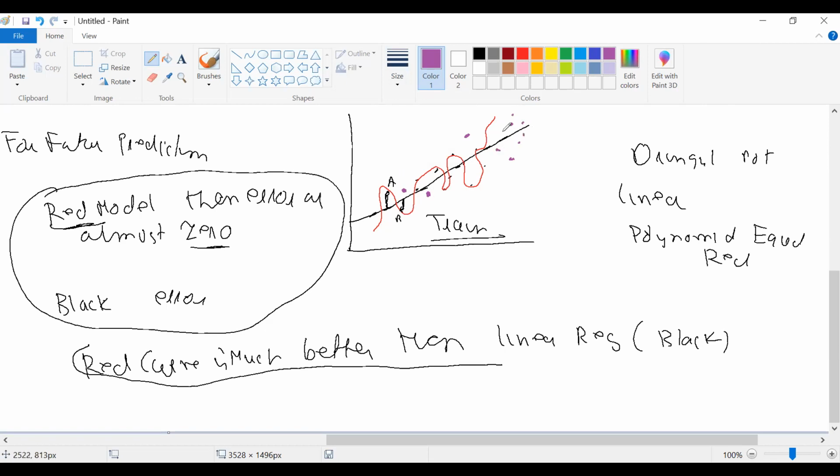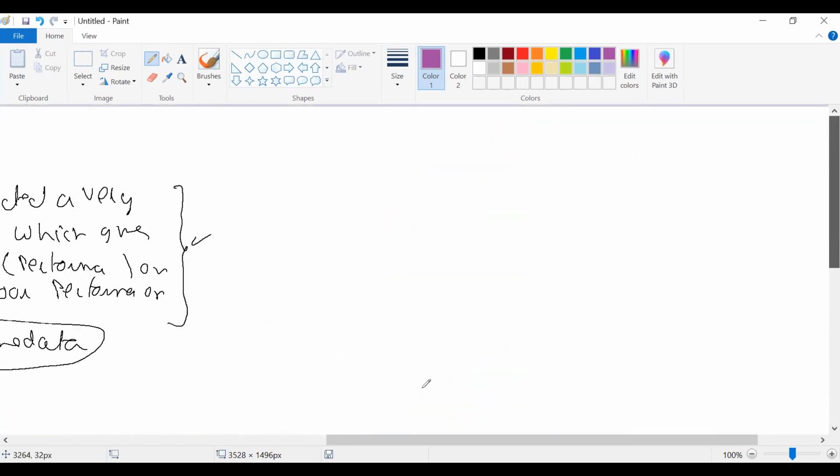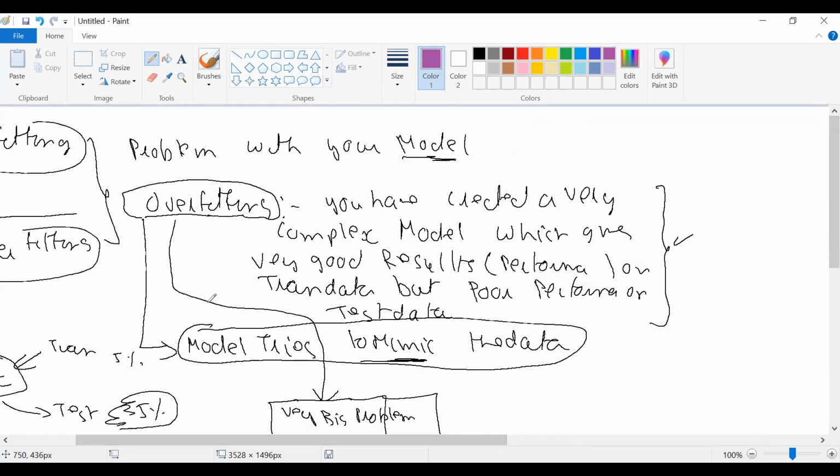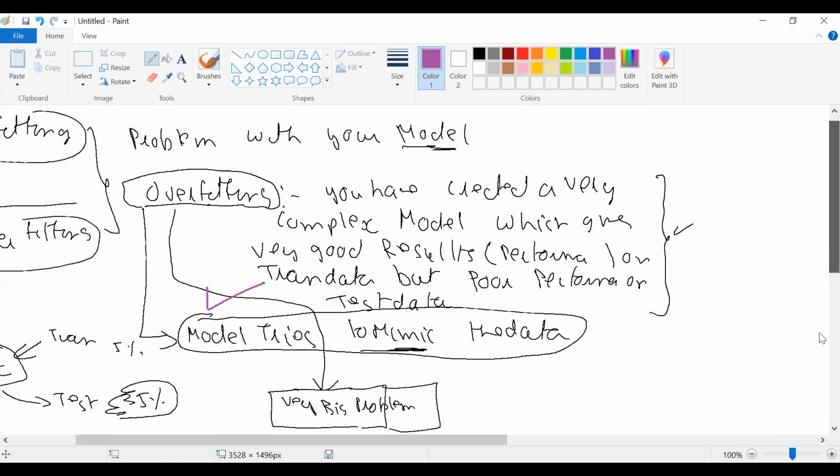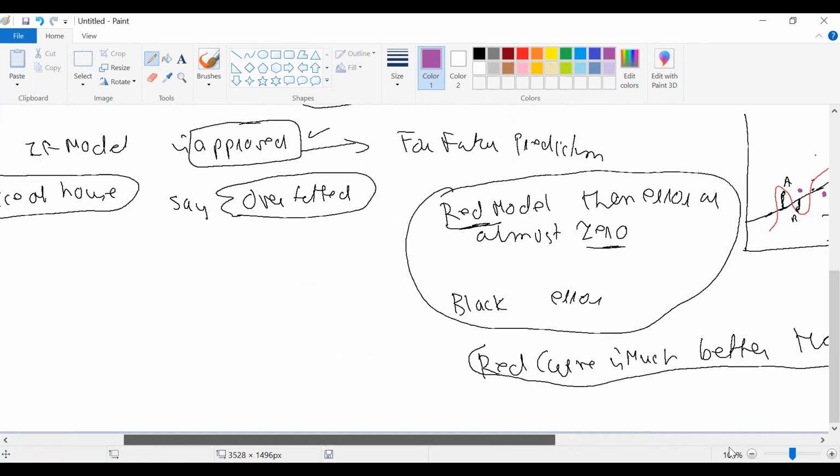For all these new points, the black line would still be doing the good result, but your red line would be giving horrible results. So basically, is this point getting clear that you have mimicked the data? तुमने डेटा को मिमिक कर लिया, ठीक है, जस्ट कॉपी कर लिया और करना चालू कर दिया.